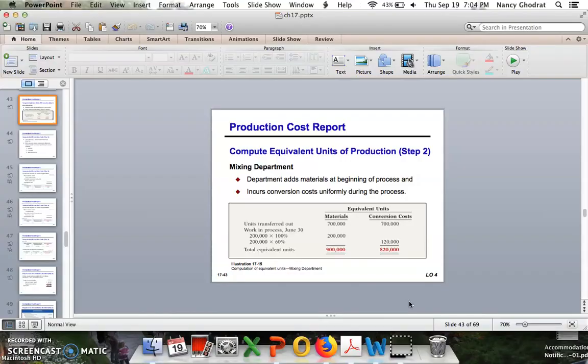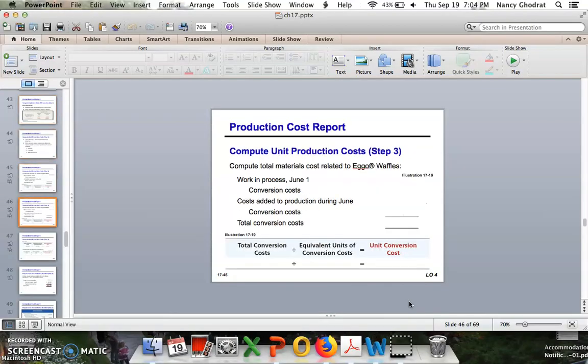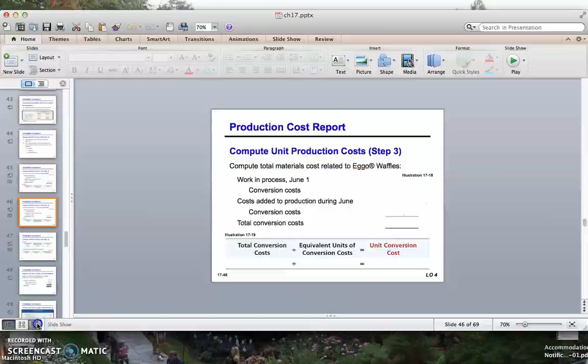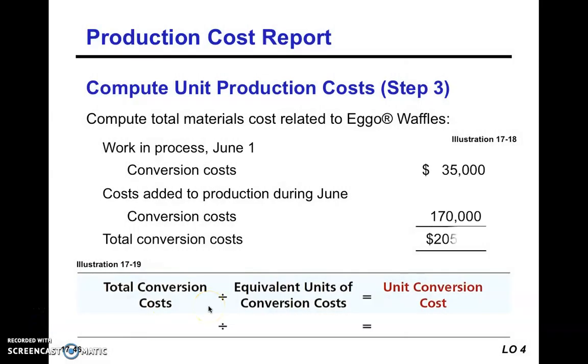So that's going to go in the denominator to calculate the cost per unit for conversion. That means it cost us 25 cents for labor and overhead to produce each unit.